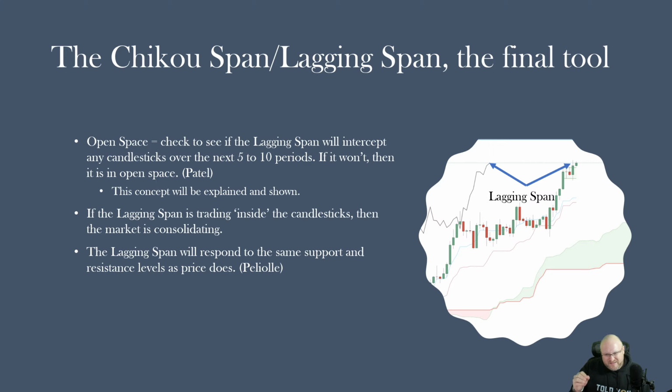If it starts to get within 4, 3, 2, 1 candles of moving up inside the candlesticks, that's oftentimes a signal to get out. Not all the time, but it's something to pay attention to. It should at least alert you to expect things to slow down and pause.